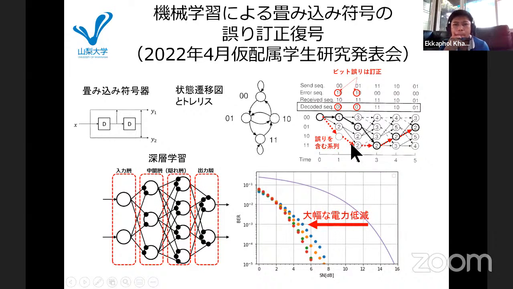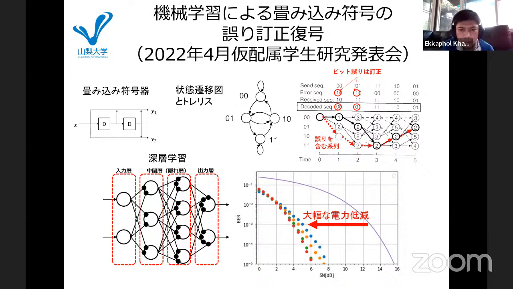So if we test the received signals on this trellis, then we can recover the original transmitted sequence from the received sequence with errors. And we can have a very big coding gain. We call it coding gain.